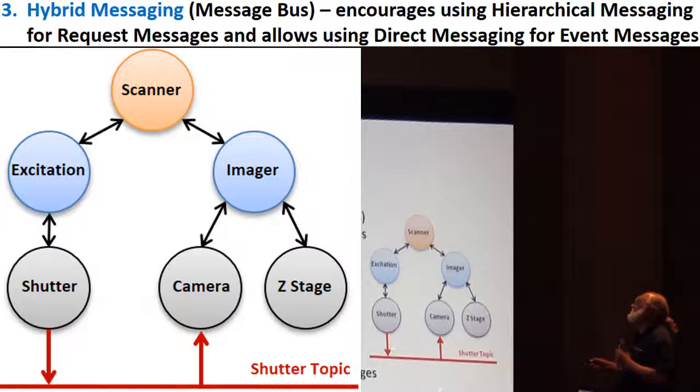What you do is create a message bus, probably implemented by publish-subscribe, and your shutter publishes to a topic called shutter state, and your camera subscribes to the topic called shutter state. This can save the day, and I use this all the time, so that's the messaging topology I'm using.